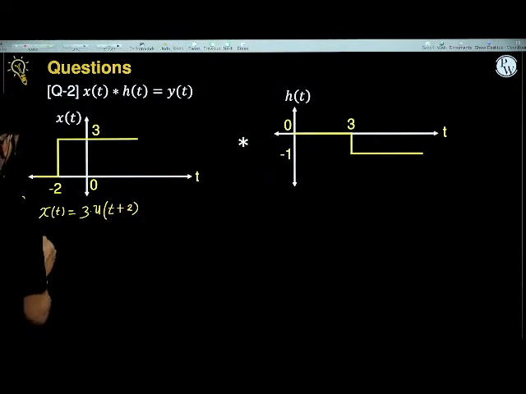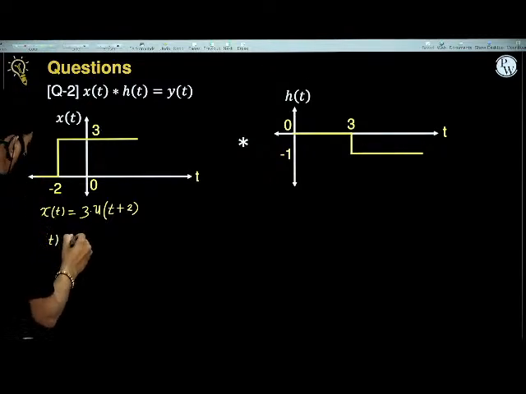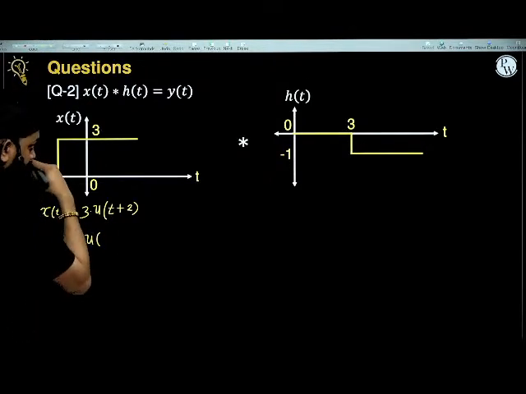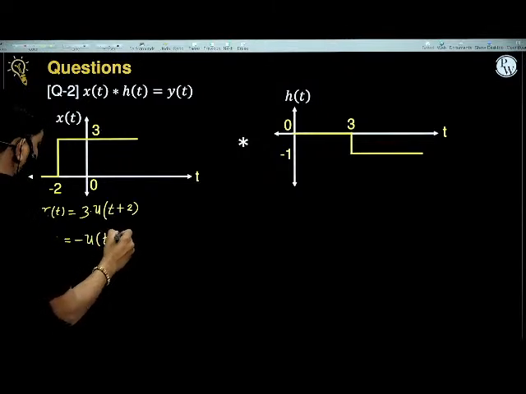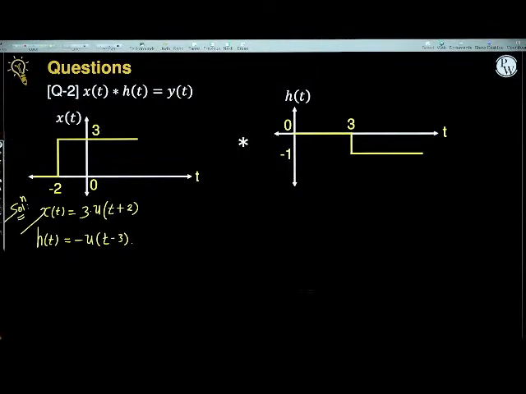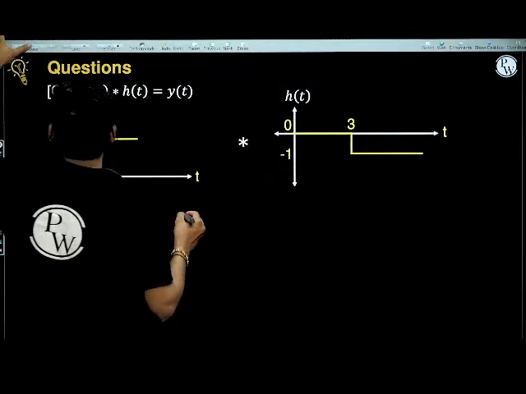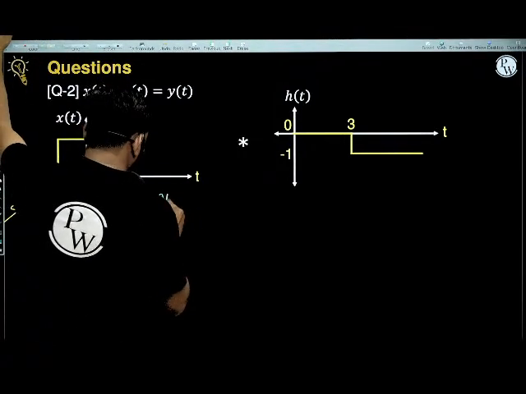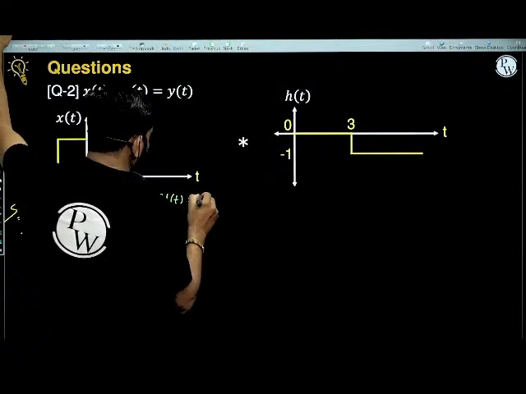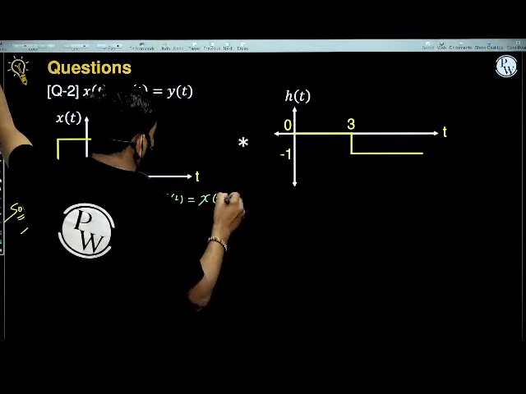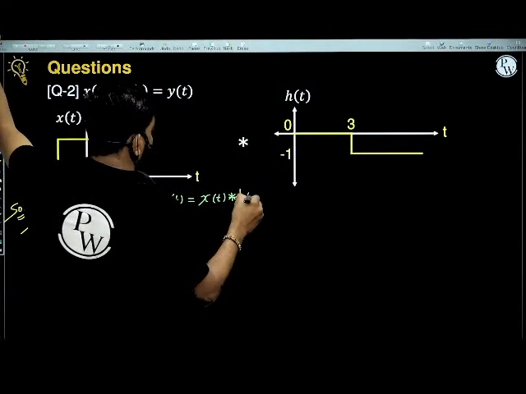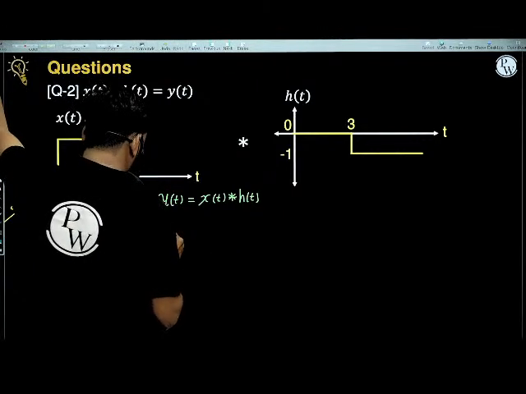And similarly h of t is equal to minus u of t minus 3. So y of t is equal to the convolution of x of t with h of t.